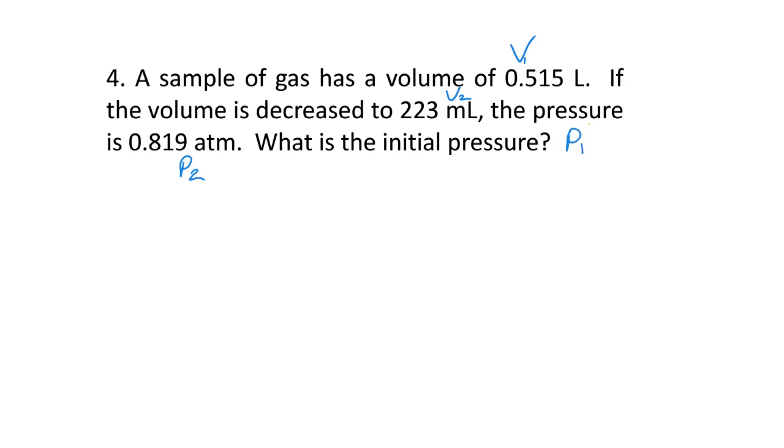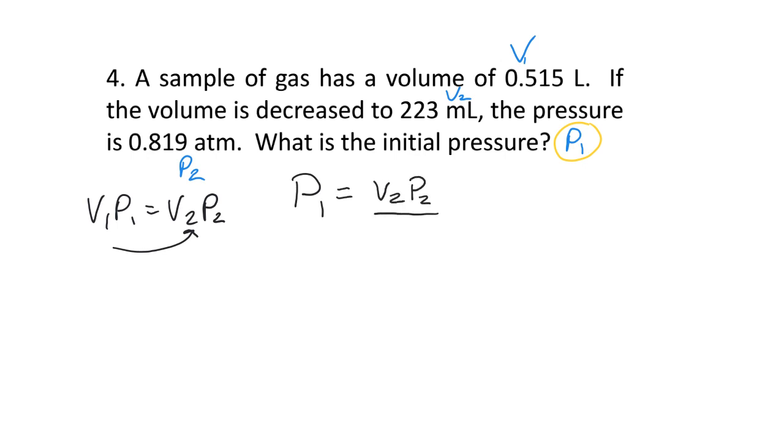Okay, so this one we are doing P1 equals. So if you do V1 P1 equals V2 P2, we're solving for P1. So P1 equals V2 P2 divided by V1.